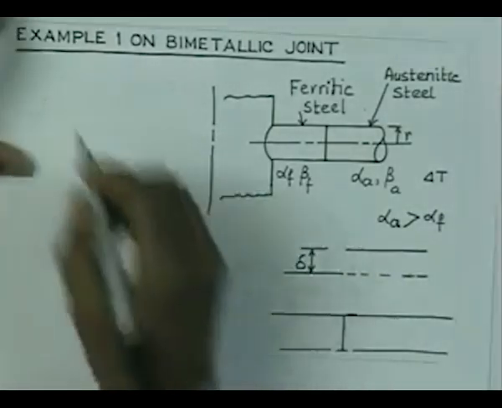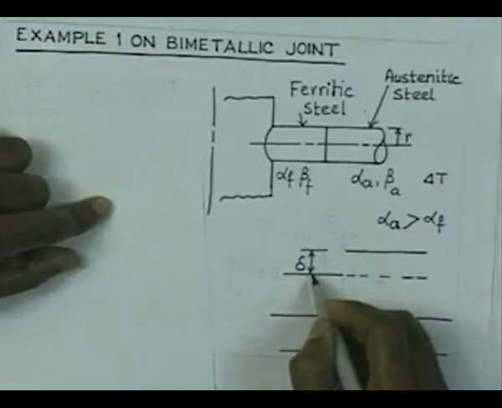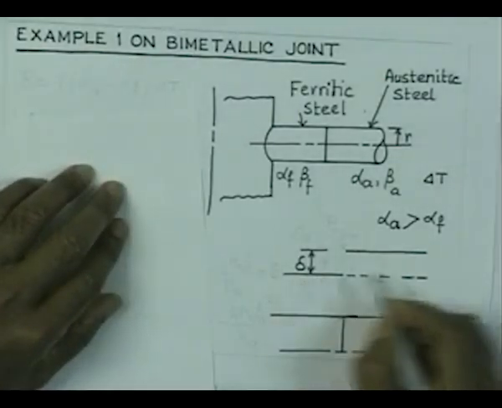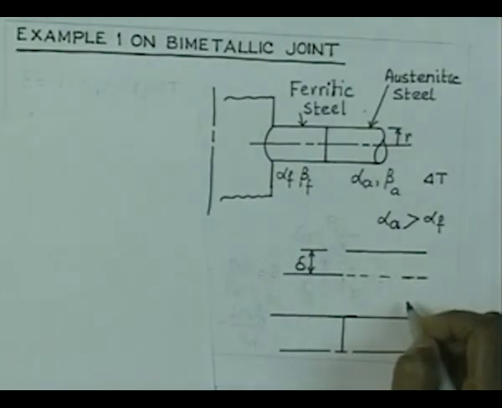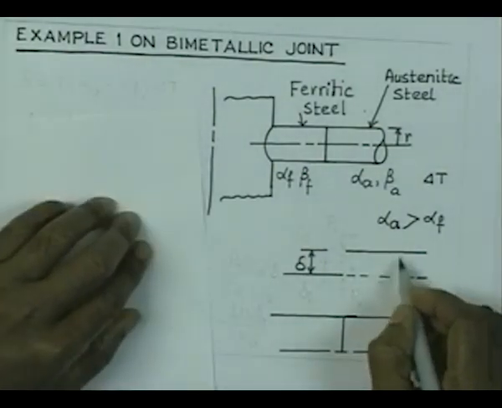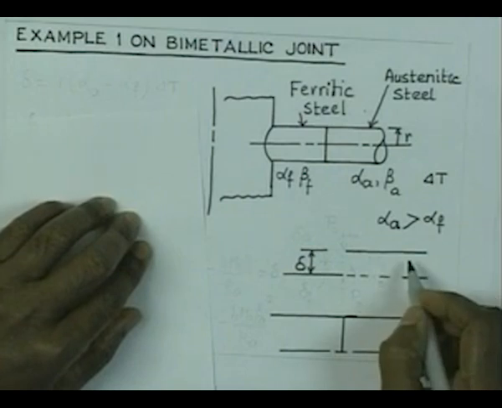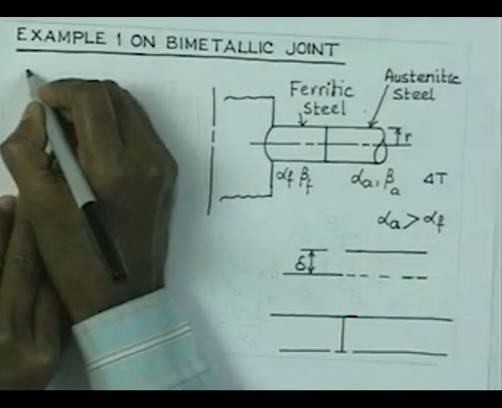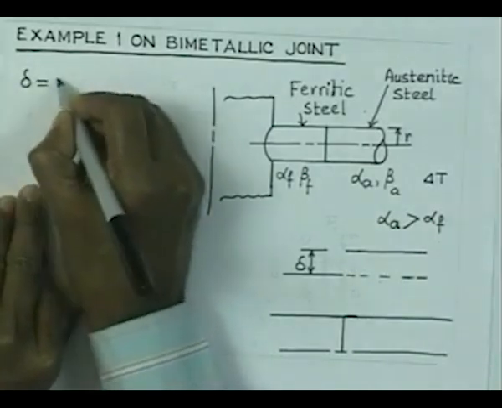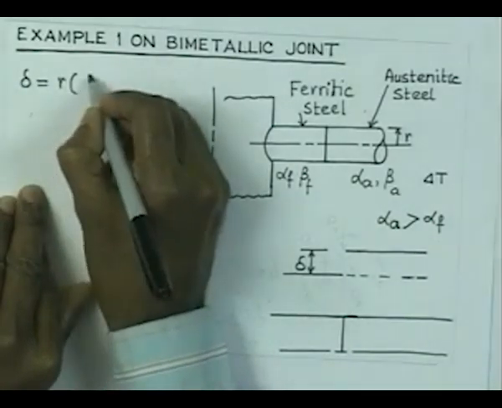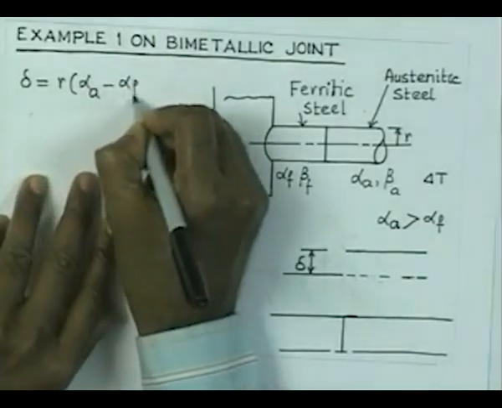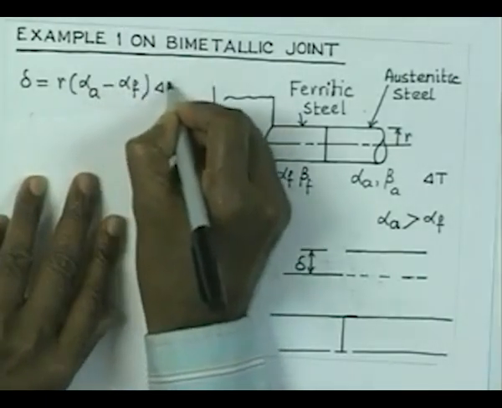This is going to expand by r into alpha F into delta T, and this is going to expand by r into alpha A into delta T, and therefore the differential is delta, which is nothing but r into alpha A minus alpha F into delta T.